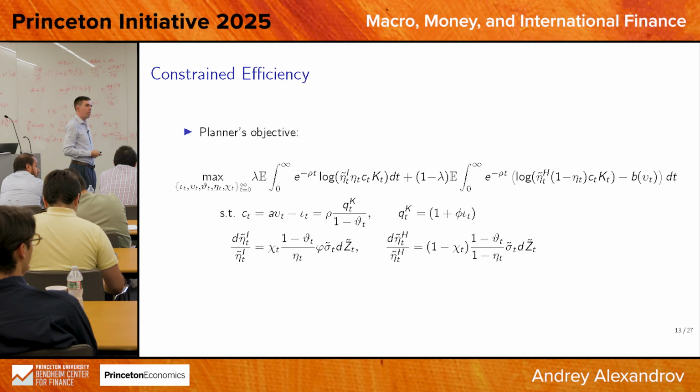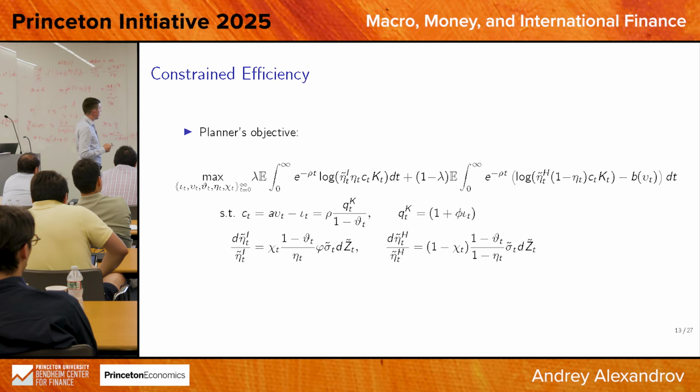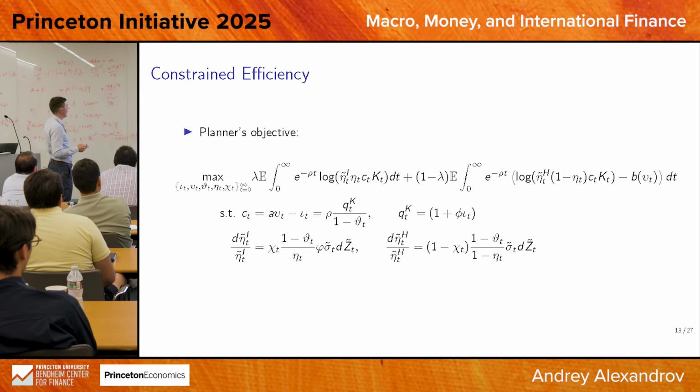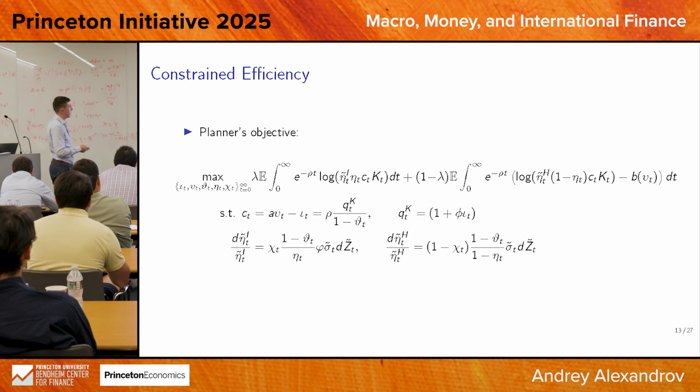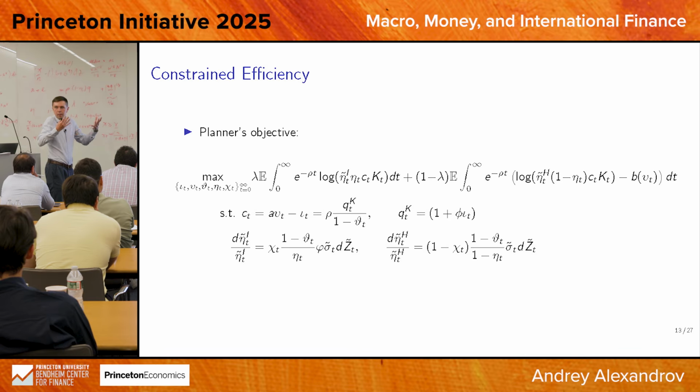Can you maybe repeat why you have the tilde eta? Yeah, I was trying to get there. This thing is the consumption of an individual intermediary, and the same applies here for the consumption of an individual household. The only difference is that households as a sector have a wealth share 1 minus eta. The planner can pick these etas freely, but cannot pick these eta tildes freely, because they still evolve according to the law of motion in the competitive equilibrium, where they're subject to idiosyncratic risk.